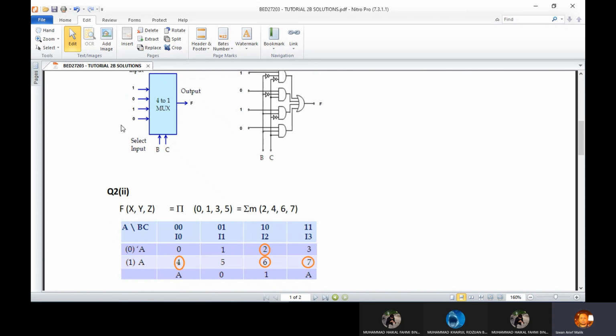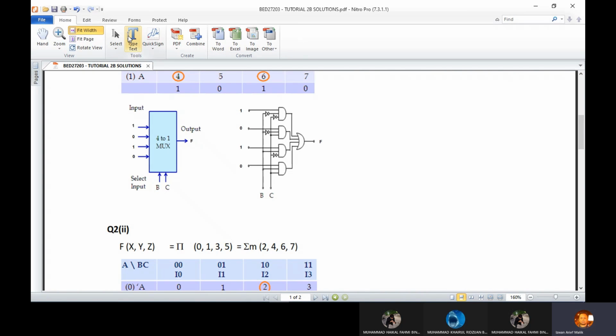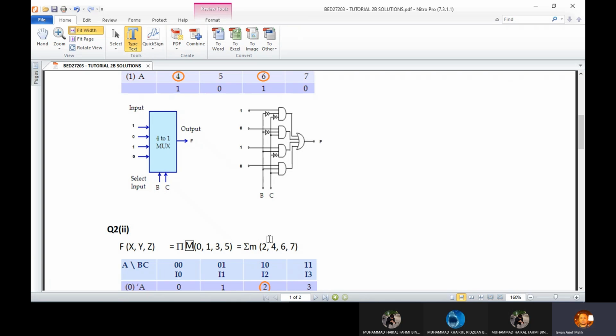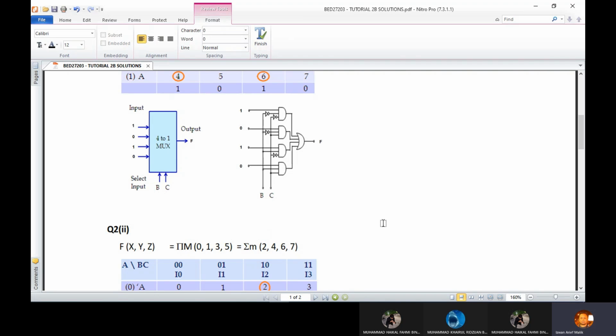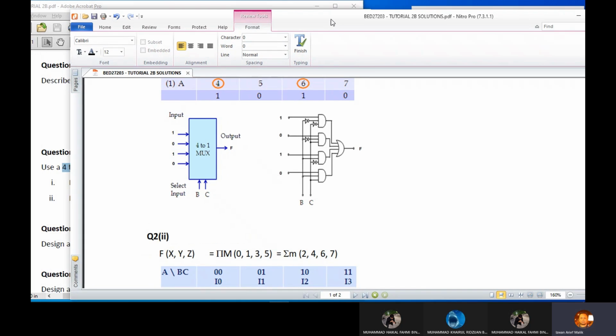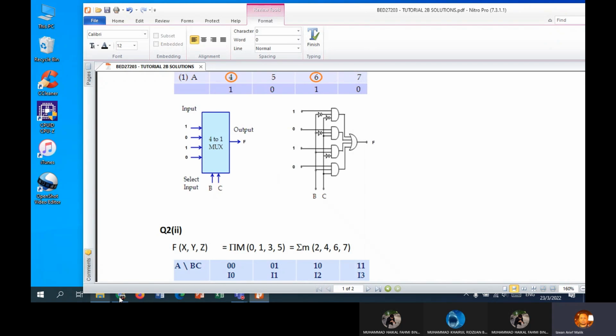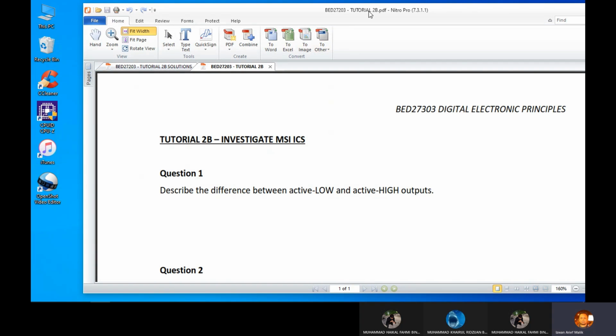Alright, and then I'll add up capital M. So this is supposed to be capital M lah. Alright, product of max term 0, 1, 3, 5 kan soalan dia. Oh ini pun sama, patutlah salah.